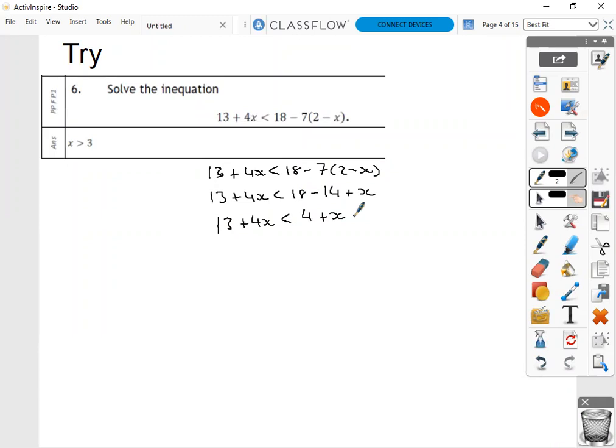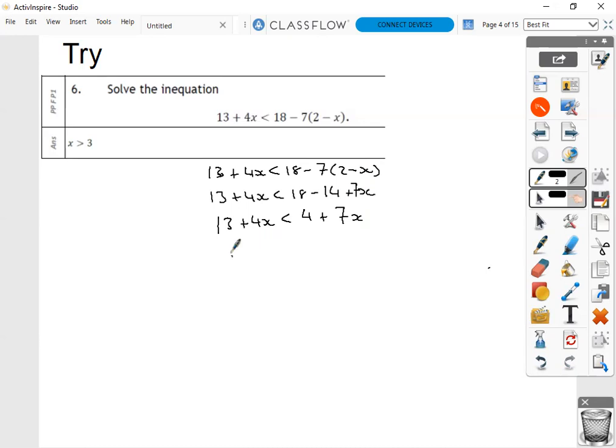Okay, so moving all the x's over to the left-hand side and all my whole numbers over to the right-hand side. 7x, that's fine. Maybe going something wrong somewhere. All right, 7x.